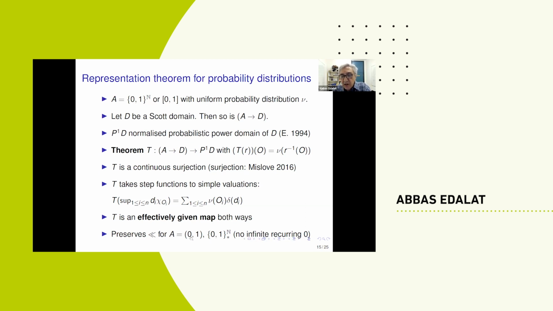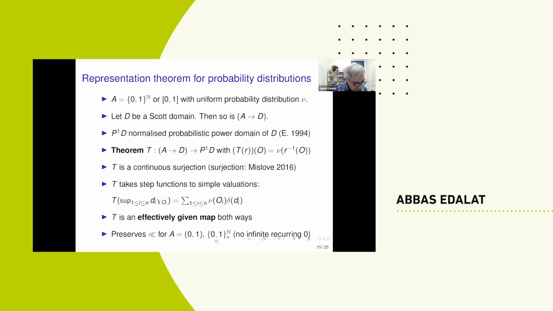And for these two probability spaces, this map T preserves the way-below relation, which is a very desirable property because it will be an open map. So we have got now 4 canonical probability spaces: the closed interval, the open interval, and these 2 Cantor spaces.